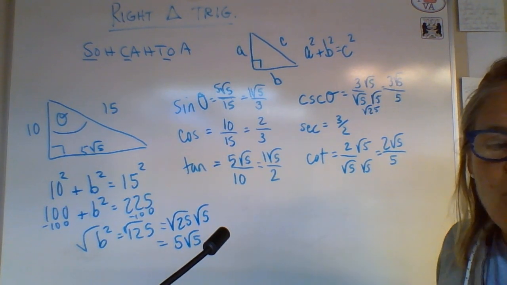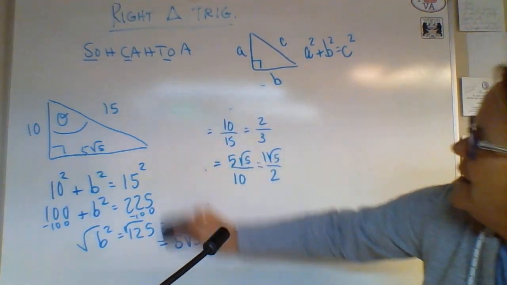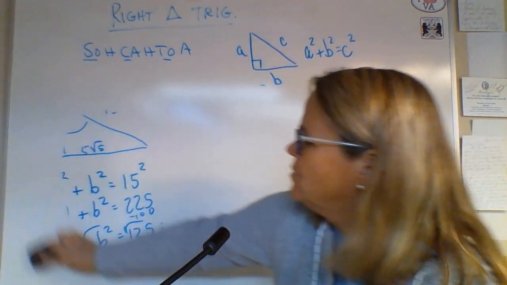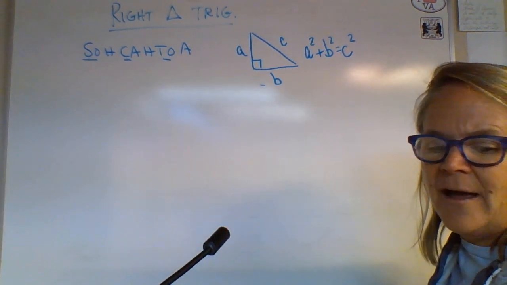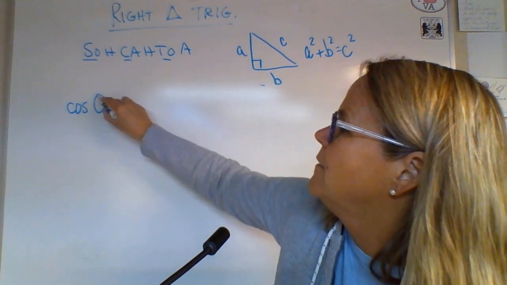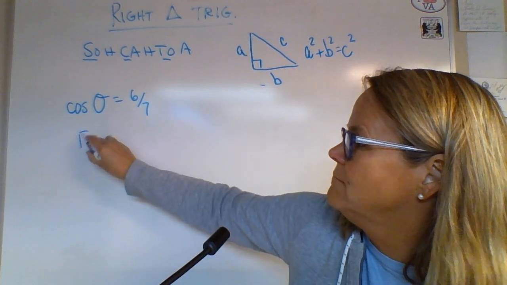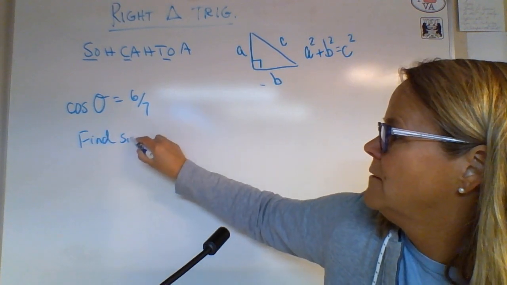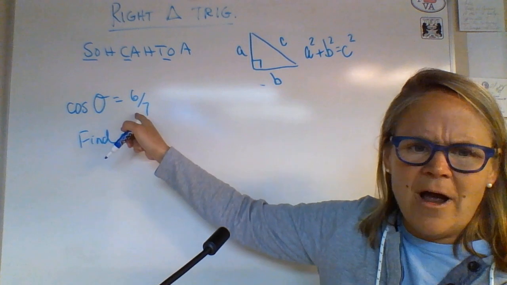So the only other question that really would be asked is if I said to you, the cosine of theta is 6/7. Find the sine. Well, what you want to do is draw a triangle.